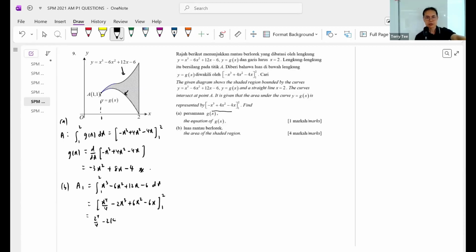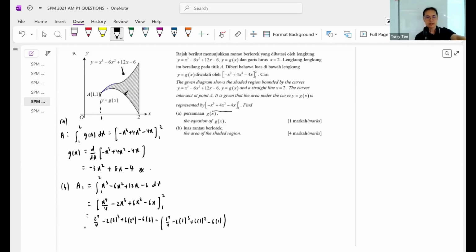Sorry, this is 2 power 3, plus 6, 2 power 2, 6 times 2, minus 1 power 4 over 4, this is 1 power 3, 6, 1 power 2, 6 times 1.